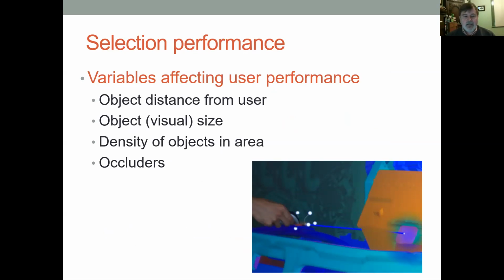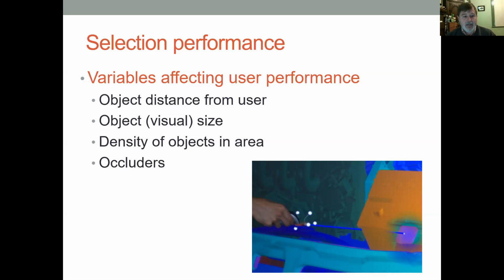The distance of the object from the user. In the case of a 2D interaction, we don't have this 3rd dimension. So we can interact with things within arm's reach, and then you have things that are outside of arm's reach. So we break interaction tasks into basically 2 different zones, and people are looking at having more fine-grained looks at these sorts of things.